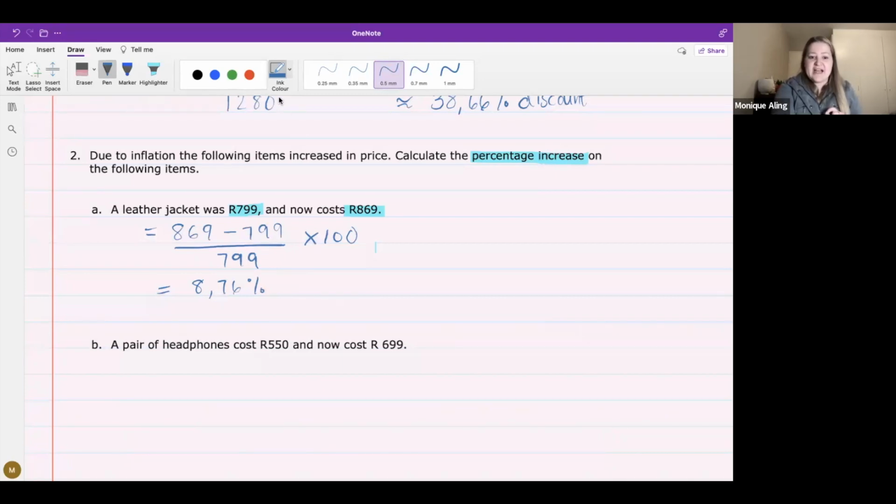Well done. Okay, guys, let's try question B. A pair of headphones costs 550 Rand and it now costs 699 Rand due to inflation. Let's calculate the percentage increase.